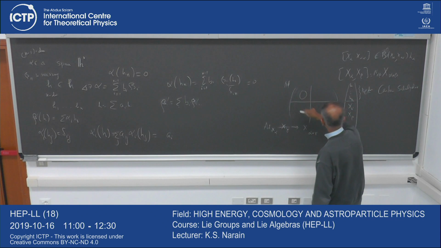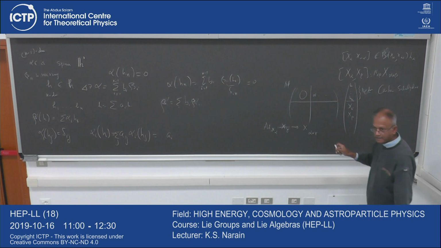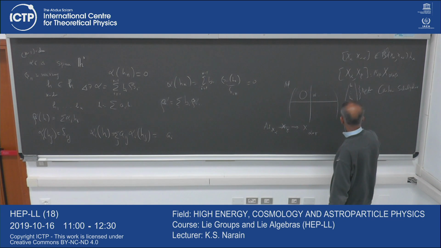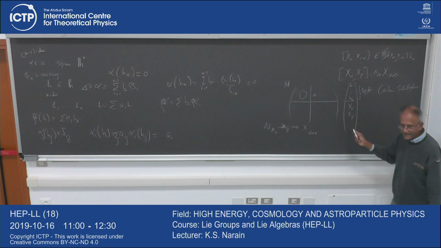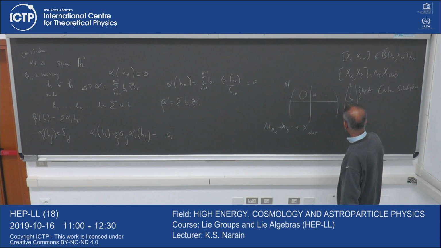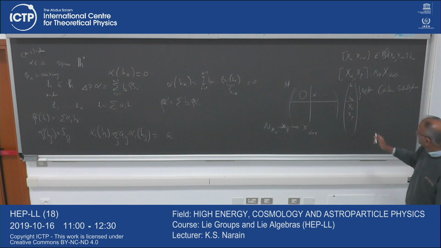H with H is 0, that is fine. H with the x alphas is going to give me some alphas here. Right? Okay. X alpha with x beta is going to be, this is what I'm trying to say, purely off diagonal.